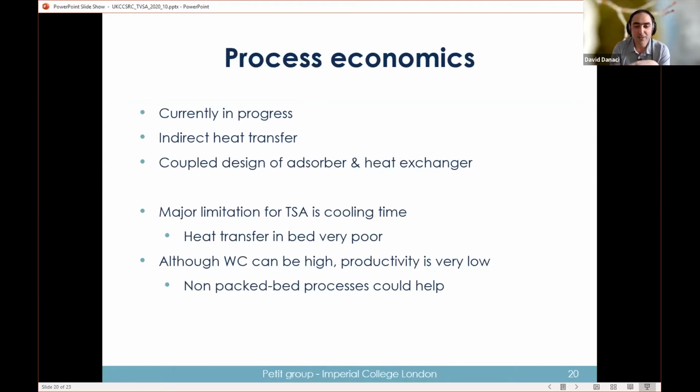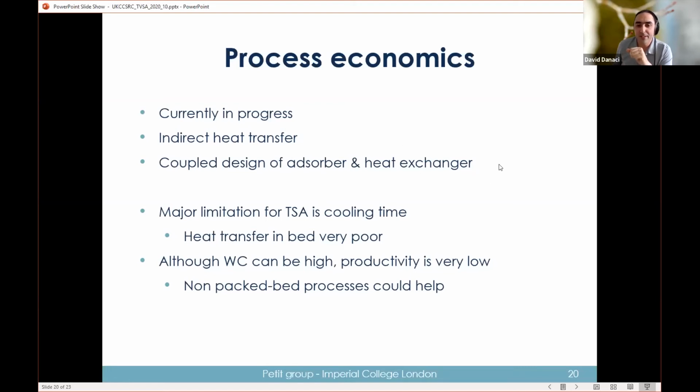What this then leads to is a coupled design of adsorber and heat exchanger, because you need to match the adsorbent amount requirements, pressure drop characteristics, flow per adsorption vessel, with the heat exchange area you obtain and whether that can achieve the heat transfer you need for your cycle.